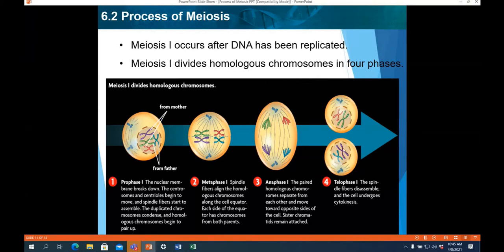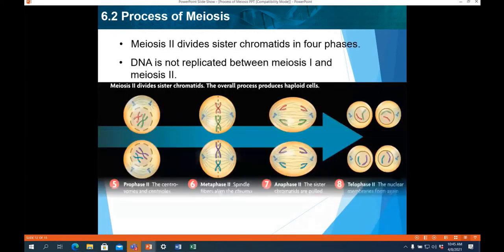Understood? So these two are unique or different from each other because you have a different combination of the chromosomes in each one of these chromosomes. So by the end of meiosis 1, you can see two cells which are unique or different from each other. Okay. Now moving on to meiosis 2.